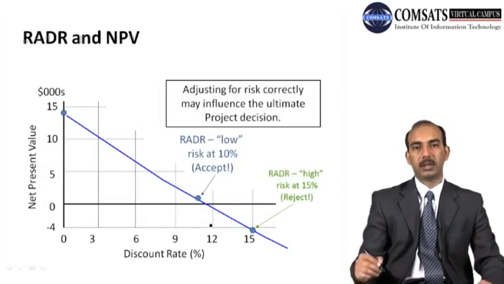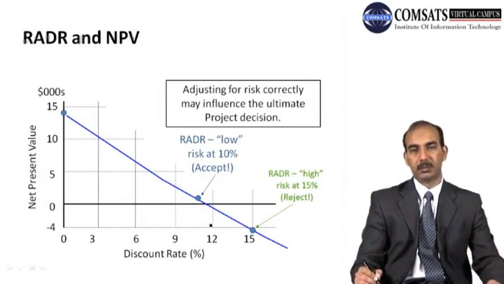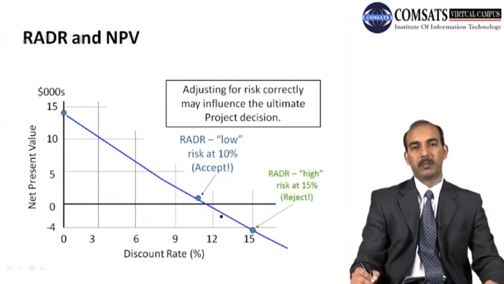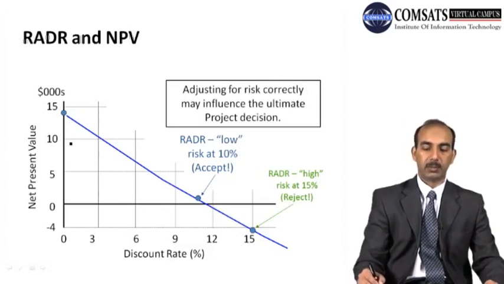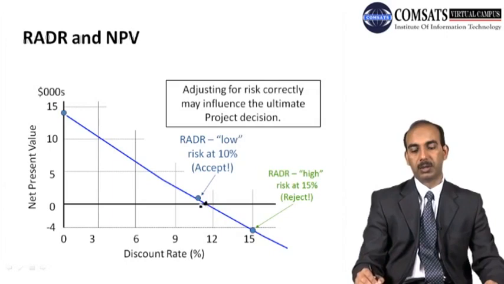Now we can explain the concept of risk adjusted discount rate using the net present value profile. इसको हमने previous slides में discuss किया था in our previous lectures कि we have this net present value profile जिसमें for different discount rates we have different net present values. इसमें वो value जहाँ पे net present value is equal to 0 उस discount rate को हम internal rate of return कहते हैं.